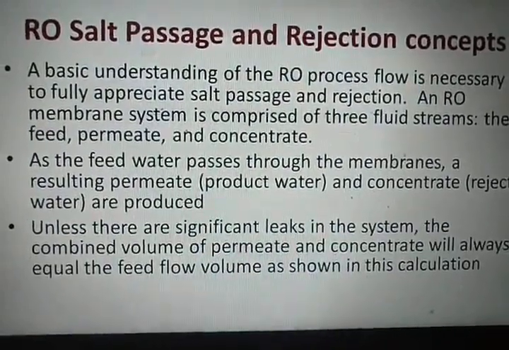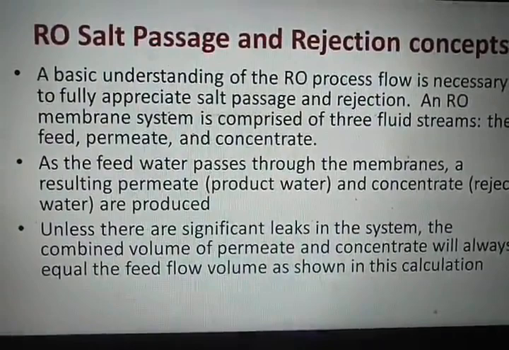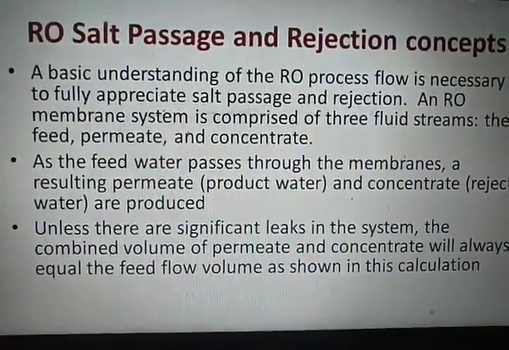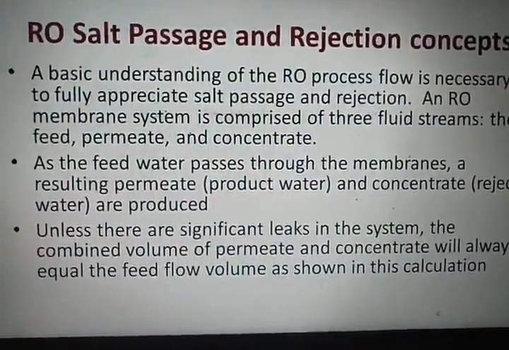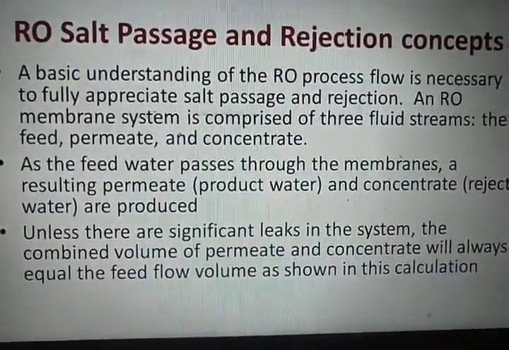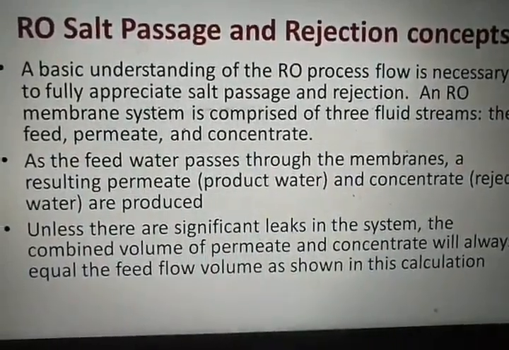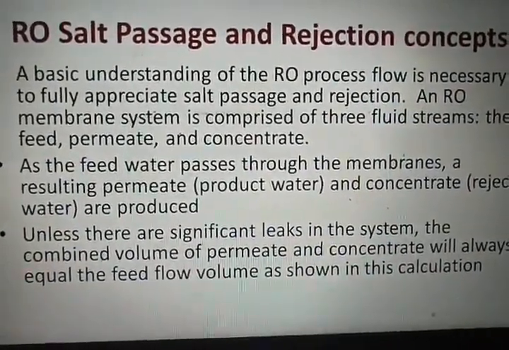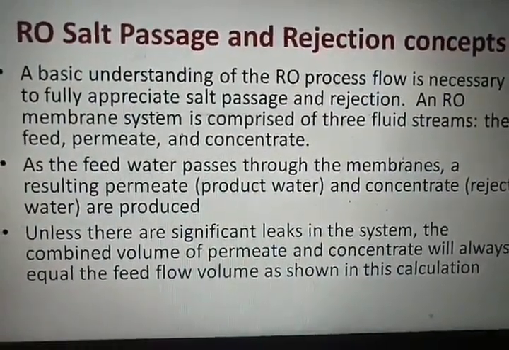Feed water is the water which is allowed to pass through a membrane, also called inlet water. As the feed enters and passes through the membrane, a resulting permeate or product water is obtained on the other side, which you can call treated water, permeate, or product water.